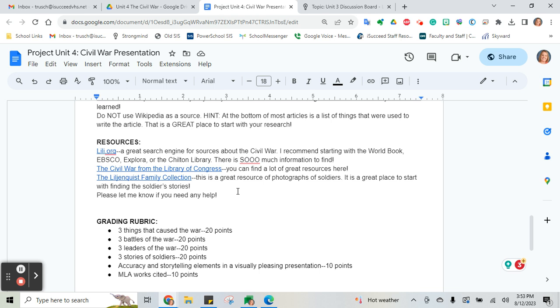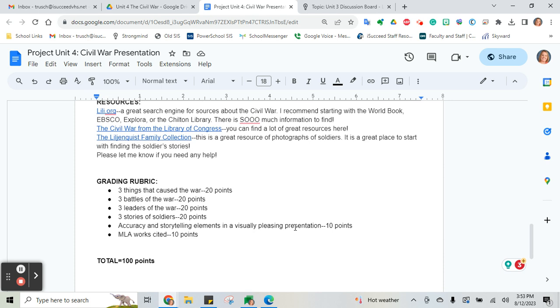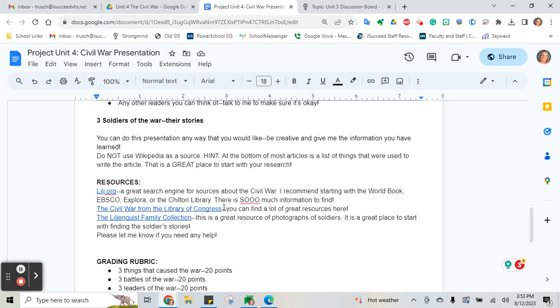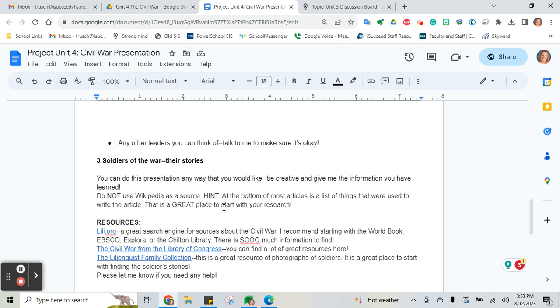The things that we learned were really crazy, and I was able to see this Lillenquist family collection come to life in the Library of Congress, and super interesting, very cool stuff. So please ask me if you need any help. Here is your grading rubric. If you have any questions on that, please let me know. And I'm so excited to hear your stories.